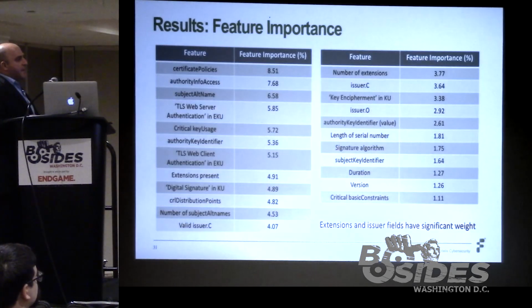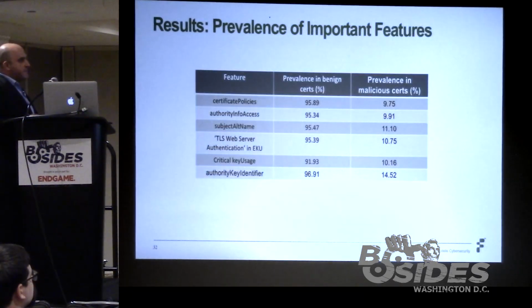Now, I'm going to take the first 5 attributes and look at them in a little more detail. I look at the prevalence of these attributes in benign certs and in malicious certs.